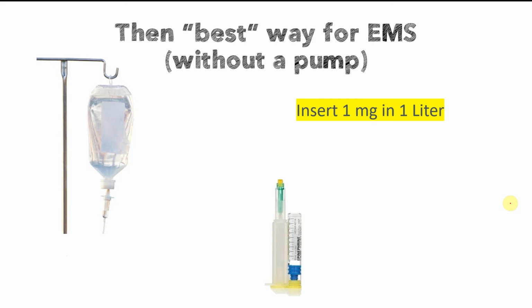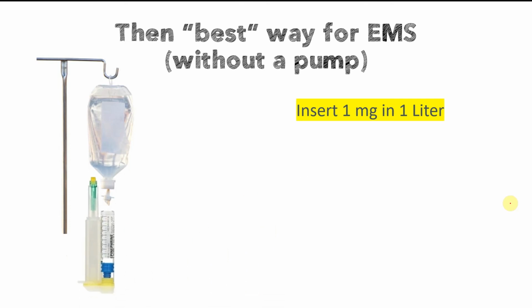When we take 1 milligram and we put that milligram in 1 liter, our concentration is then 1 mic per mL. If you didn't have a liter bag and you put 1 milligram in 500 cc's, then your concentration would be 2 mics per mL. Either way, it would work if you can calculate it that way, but it's much safer to standardize it and just say we're going to be putting 1 milligram of epi in 1 liter.